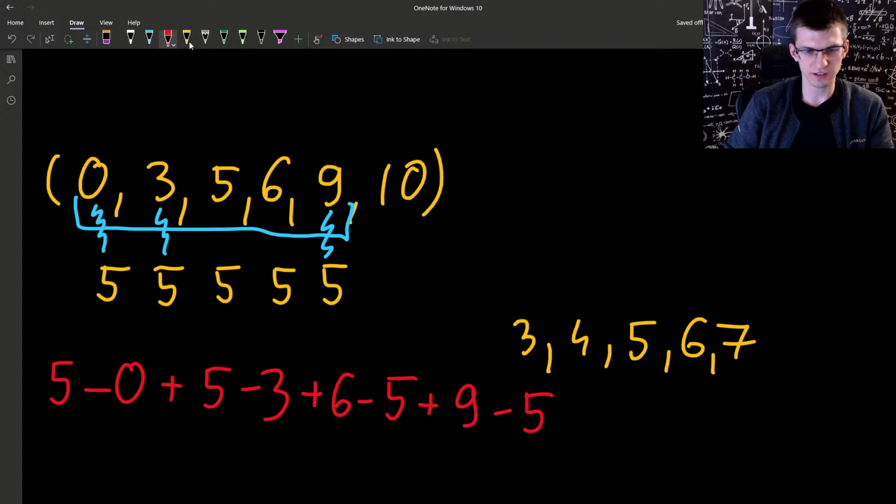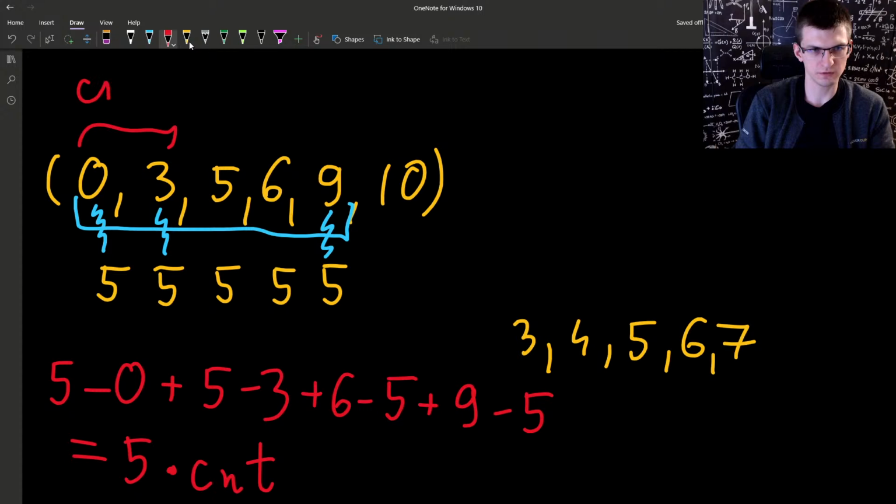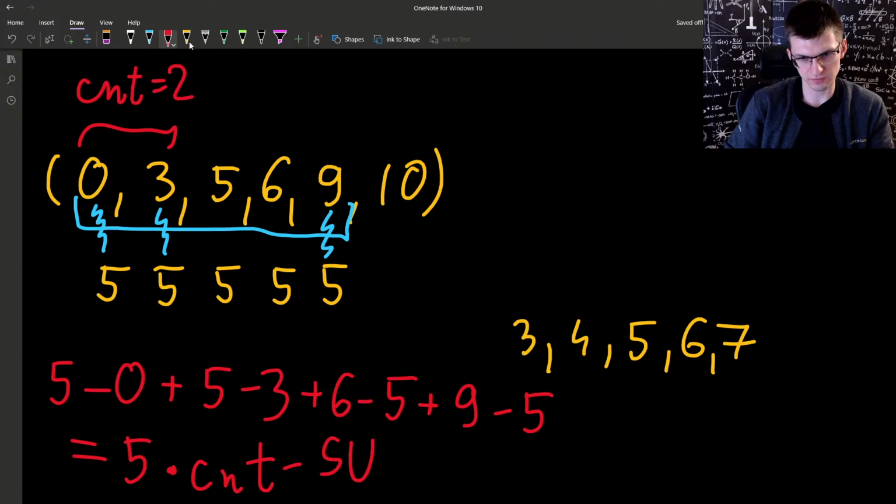Let's transform this a little bit. Everything here on the left was of the form 5 minus this number. So it's 5 times the count, how many numbers there are here. In this case, count is 2. Minus the sum of those numbers on the left.